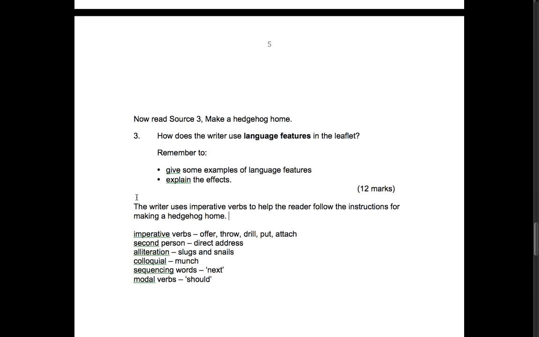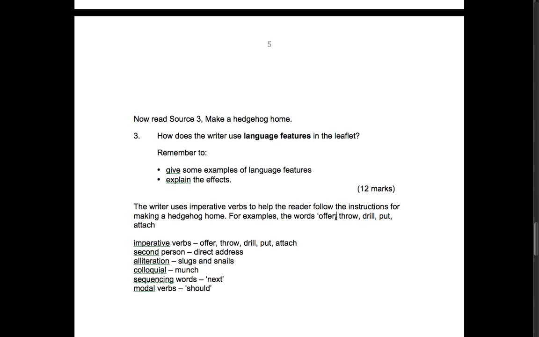Nice clear opening sentence. I now need some examples, so I might put, for example, the words offer, throw, drill, put and attach.